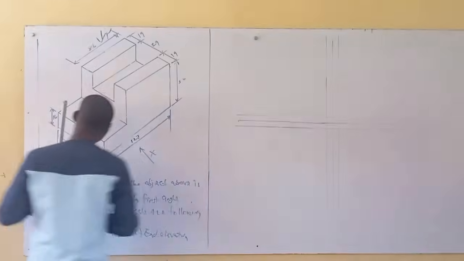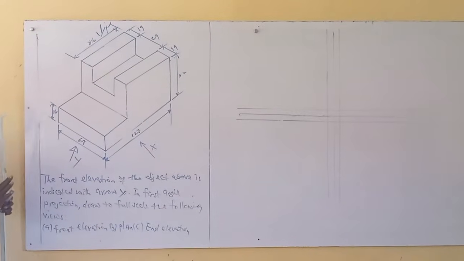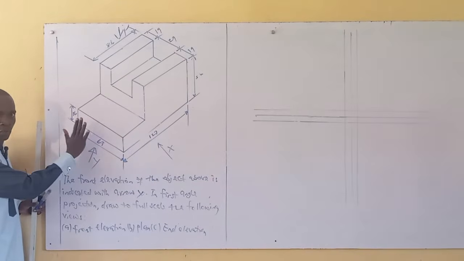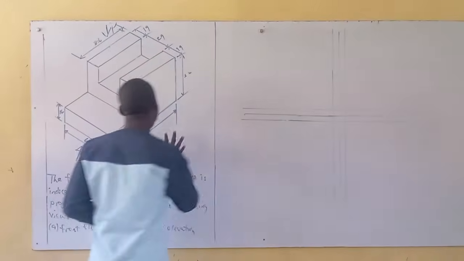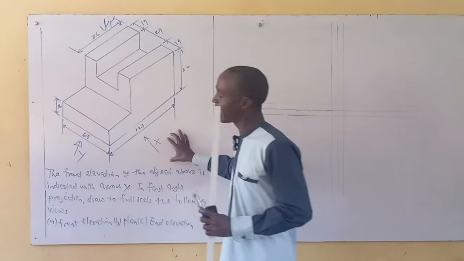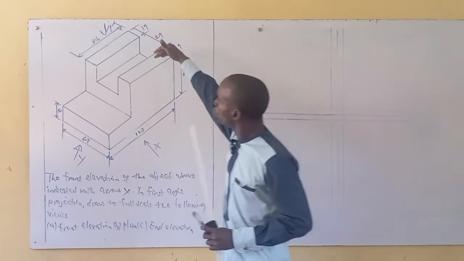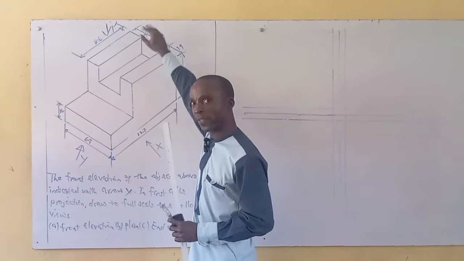Then the direction of arrow Y, this vertical plane, is what we will consider for the end elevation. We use X as our front elevation, and the plan view is viewed from the top, always from the top.